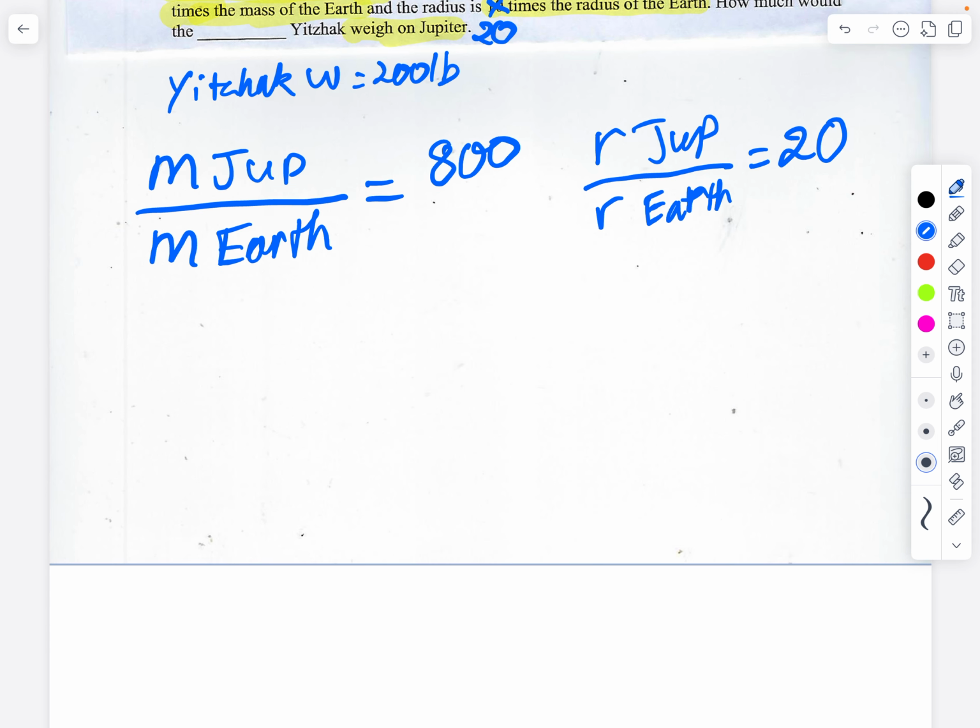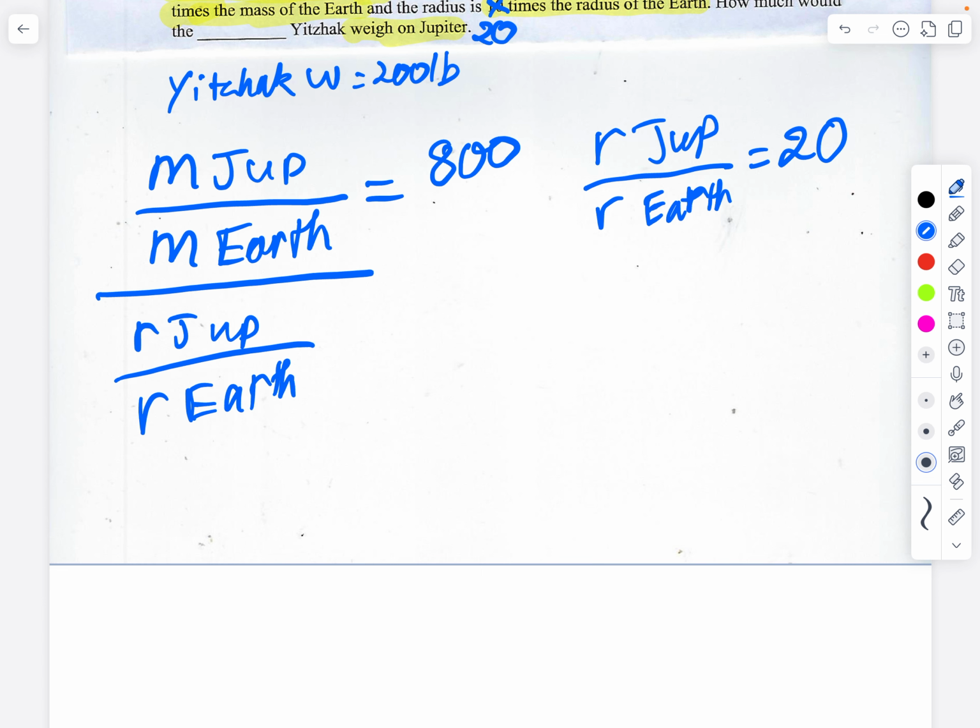All right, and now we would find the weight on Jupiter. I know Dr. Yitzhak has it as mass of Jupiter over mass of Earth, over R Jupiter over R Earth, in his equation in the notes. But I think this way is a little confusing, especially for those who are not familiar with algebra.